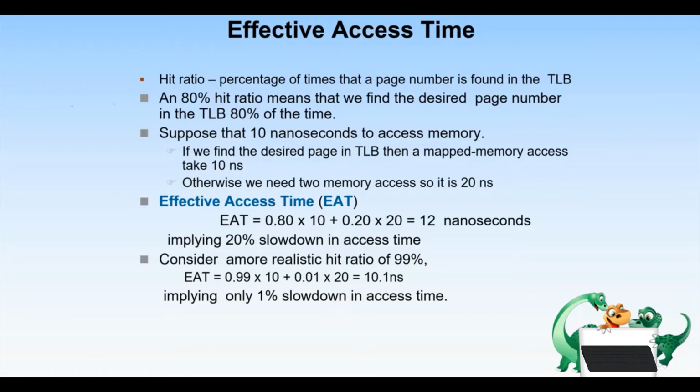Now, effective access time. Assume the hit ratio is the percentage of times that the page number is found in the TLB. An 80% hit ratio means that we find the desired page number in the TLB 80% of the time. Suppose it takes 10 nanoseconds to access memory. If we find the desired page in the TLB, then a memory access takes 10 nanoseconds. Otherwise, we need 2 memory accesses, so it is 20 nanoseconds.